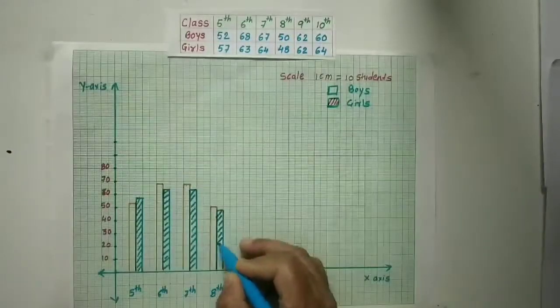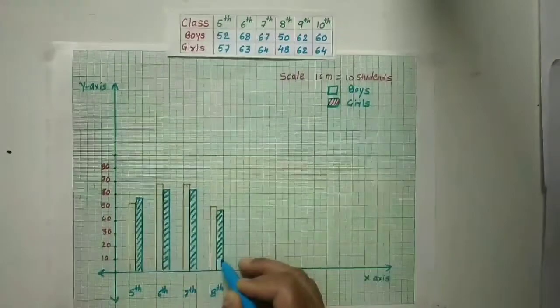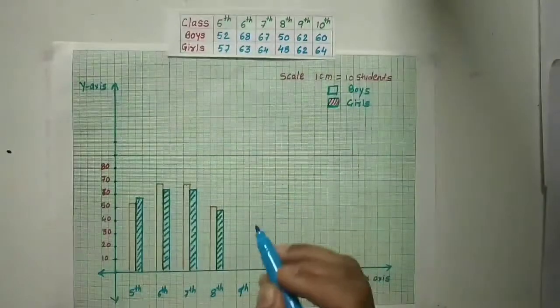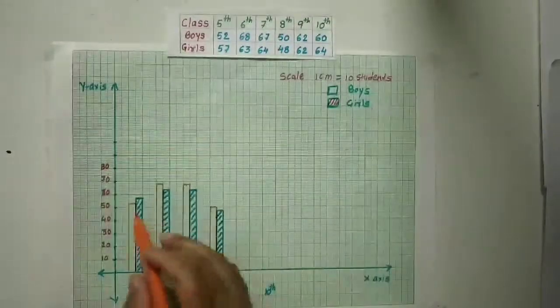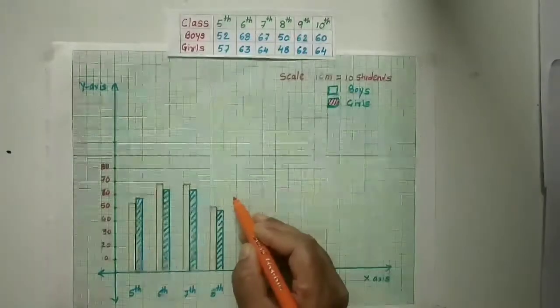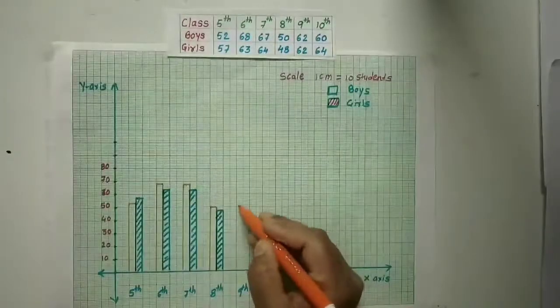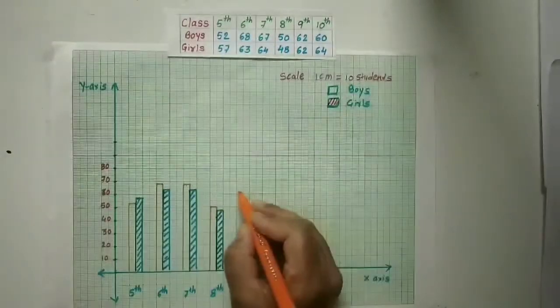Now next class is 9th. 62. Here is the 60. 9th standard. 60. 62 is here.